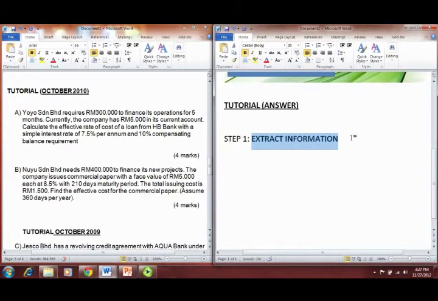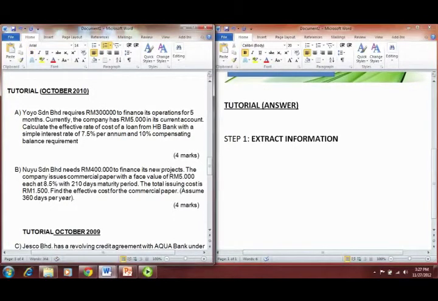Step 1 is extract your information, so from your information you can know which formula you need to use. In October 2010, Yoyo Sendirian Berhad requires 300,000 to finance its operation for 5 months.